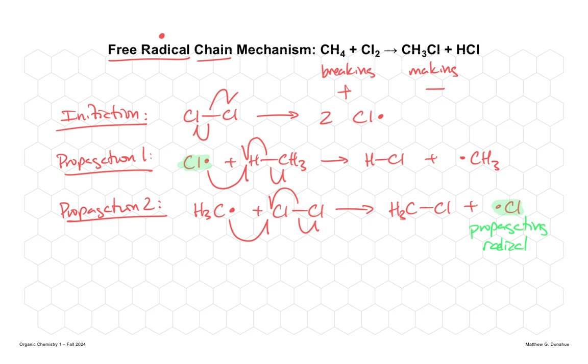So you formed it, and what happens is now that propagating radical will re-enter the chain over here and then react with another molecule of methane. So those 2 steps will continue on until all the methane is depleted, or if something else happens.